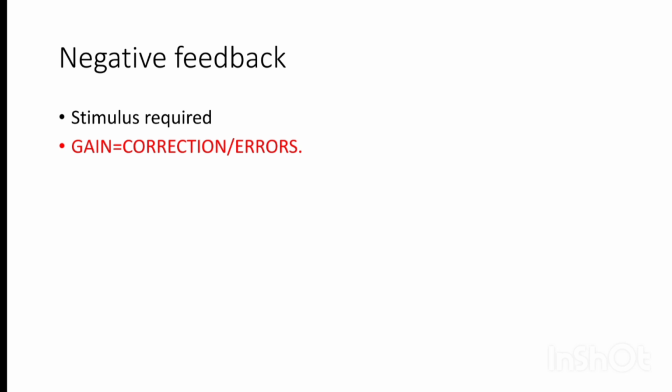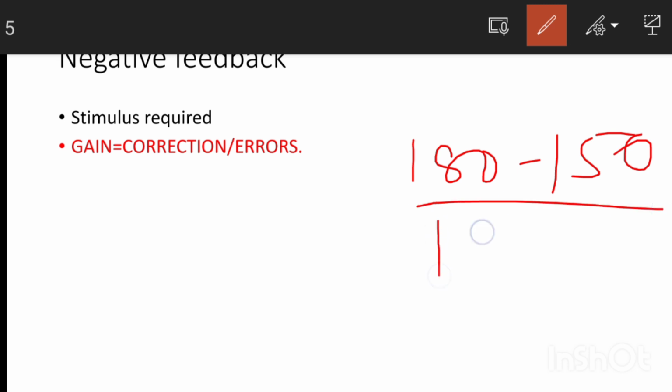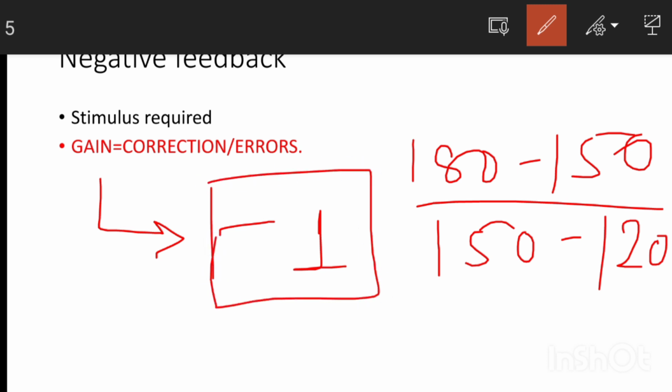So here we can calculate the gain. Gain is 180 minus 150 upon the error, that is 150 minus 120, which is 30 over 30. So the gain here is 1, but always remember that the sign of the gain is always negative. In a question they may ask what is the value of gain. It can be plus 1 or minus 1, it's always negative, right?